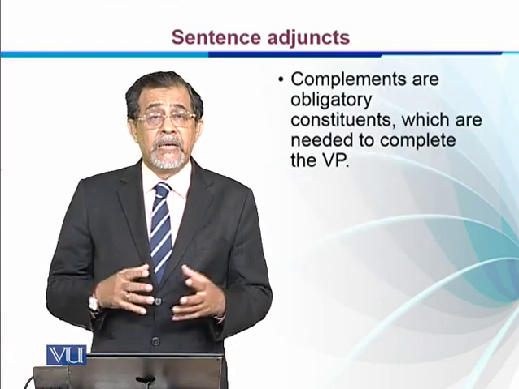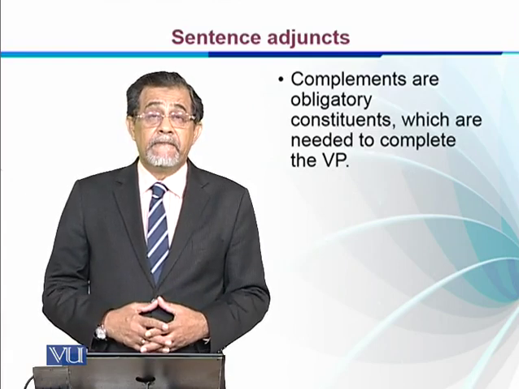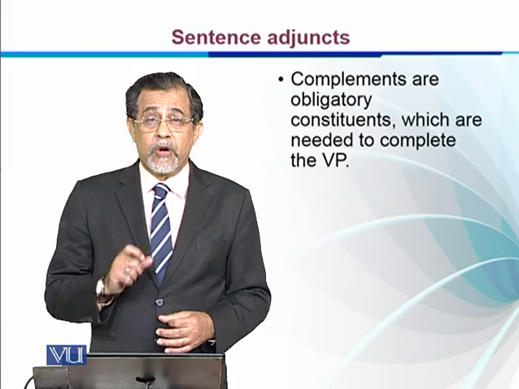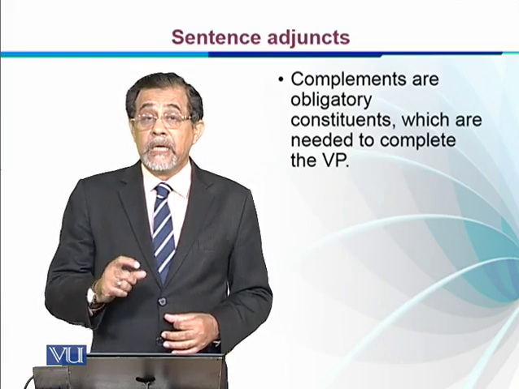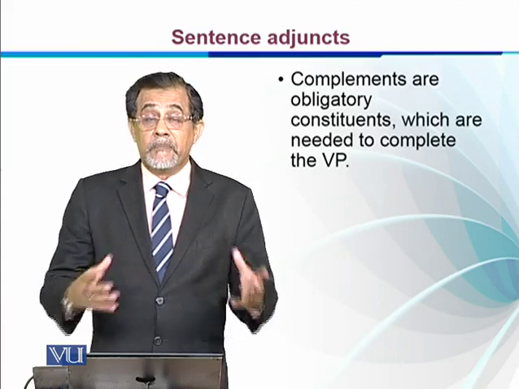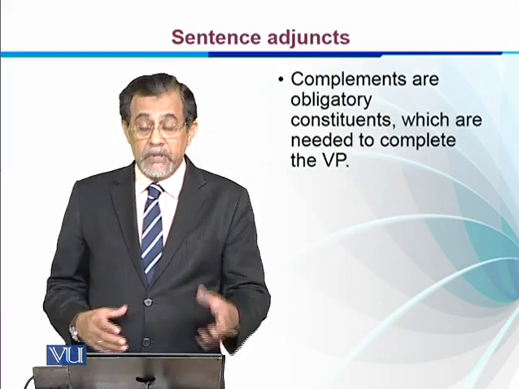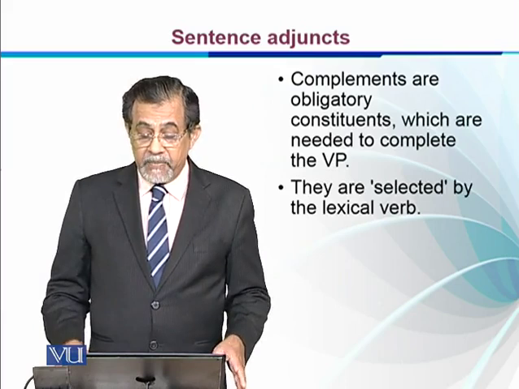Complements are obligatory constituents which are needed to complete the verb phrase. So remember that complements of the verbs are obligatory because they are needed to complete the predication or complete the meaning of the whole sentence. They are selected by the lexical verb.